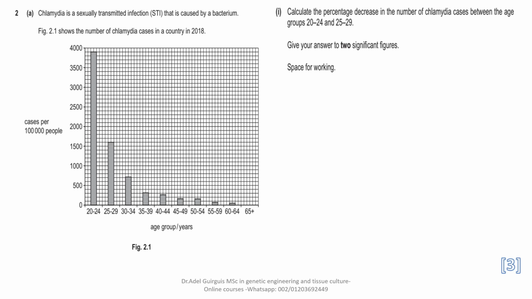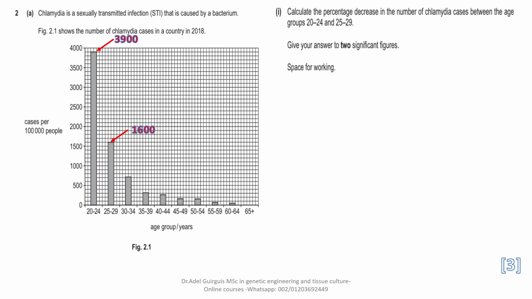Now look at the age group 20 to 24. The number of cases equals 3,900. In the next group, from 25 years up to 29, how many cases? 1,600.